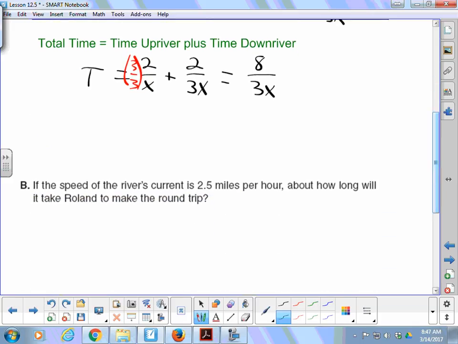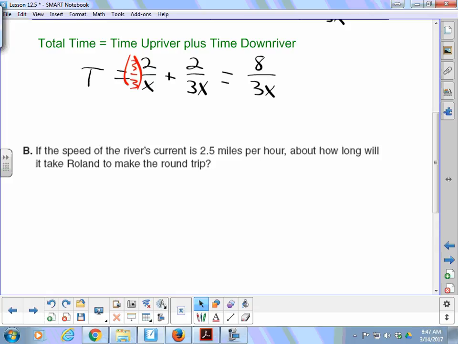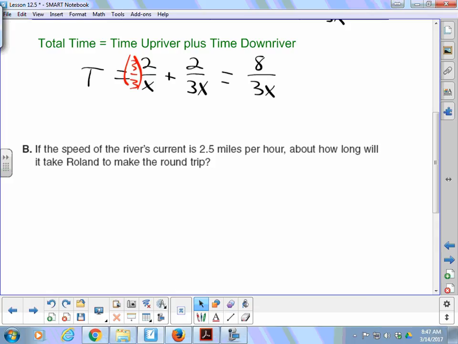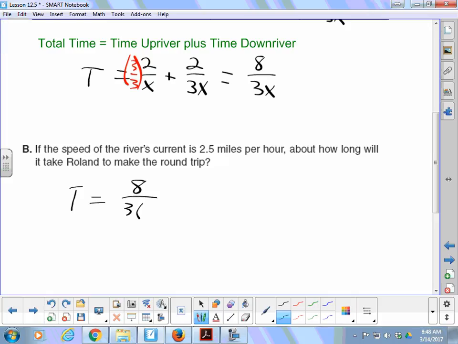So the question is then, if the speed of the current is 2.5 miles per hour, how long will it take Roland to make the round trip? All right. So since x represents the speed of the current, and if that's 2.5, then time equals 8 divided by 3 times 2.5.